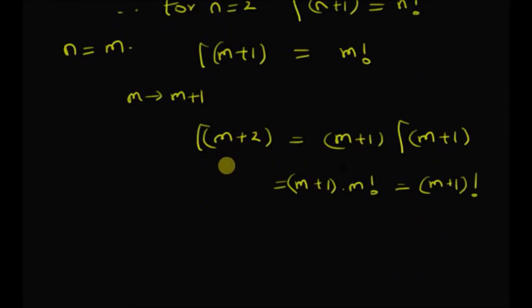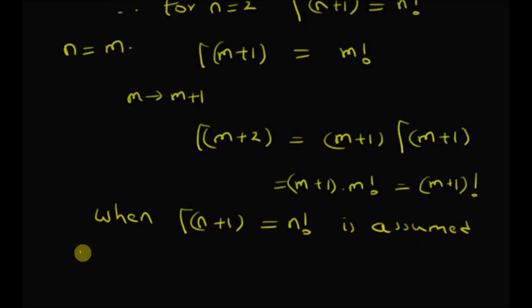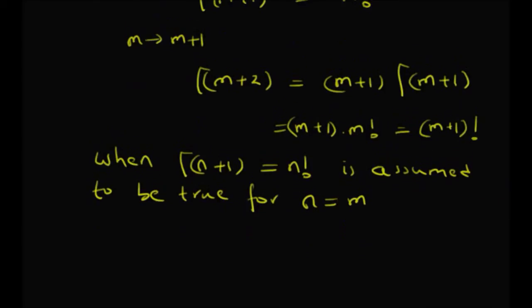Therefore, the relation is proved for n equal to m plus 1, because gamma of m plus 2 is equal to m plus 1 factorial. That is, when the relation gamma of n plus 1 equal to n factorial is assumed to be true for n equal to m, it implies it is also true for n equal to m plus 1.